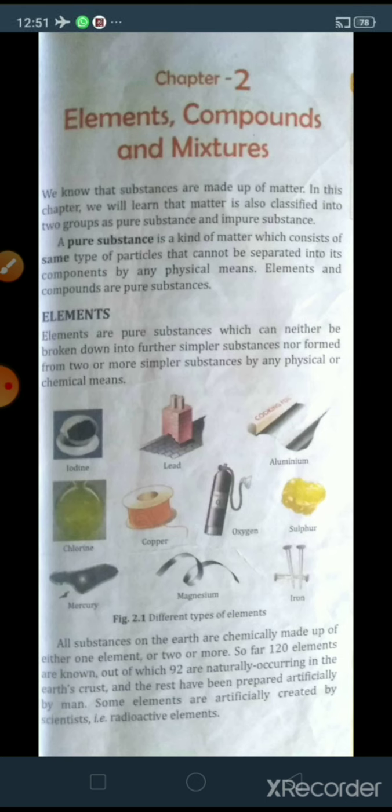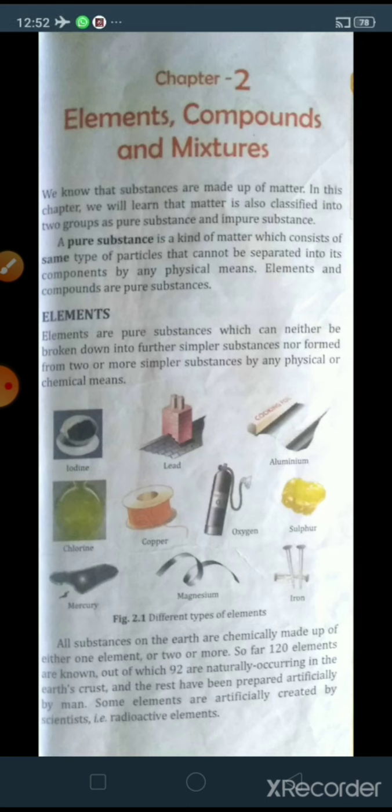Out of 120, 92 are naturally found in the earth's crust, and the rest, 28 elements, have been prepared artificially by scientists, and those are the radioactive elements which are artificially created.